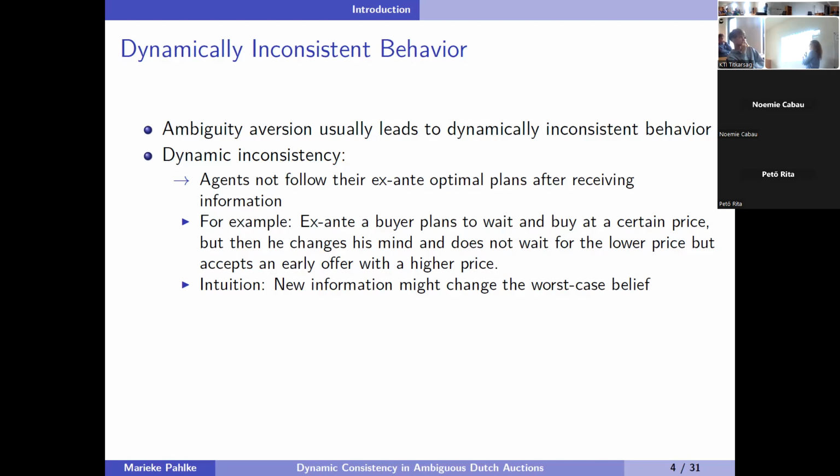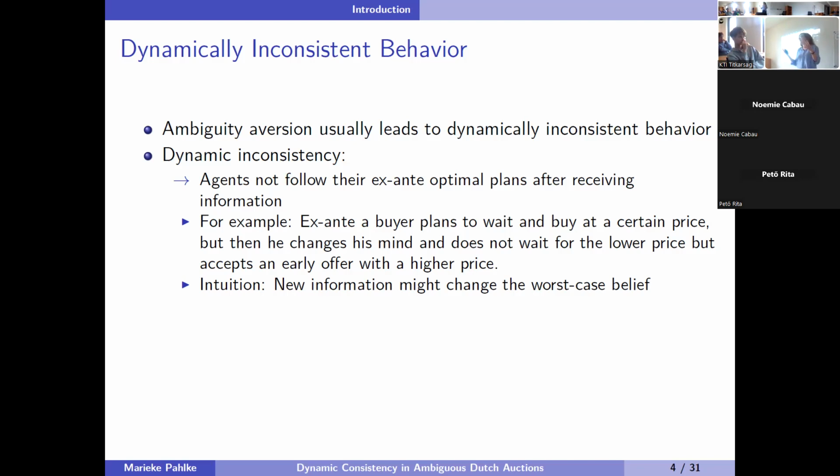It also does not rely on the updating rule. Of course, if we have a set of distributions, we have to think about how to update this, and I will explain this in a moment. There are several updating rules in the literature, and almost everything leads to dynamically inconsistent behavior. The only updating rule where you don't have dynamic inconsistency is one that only updates ex-ante beliefs that keep your behavior dynamically consistent.